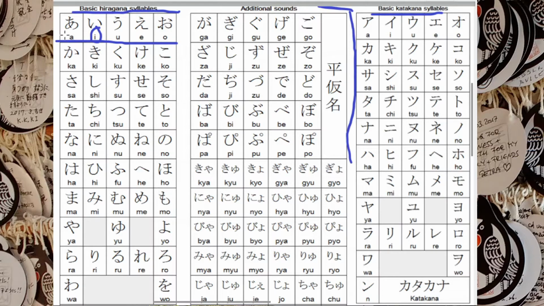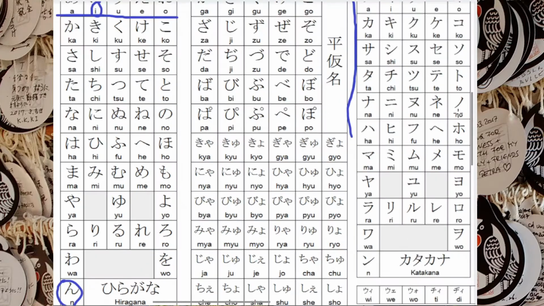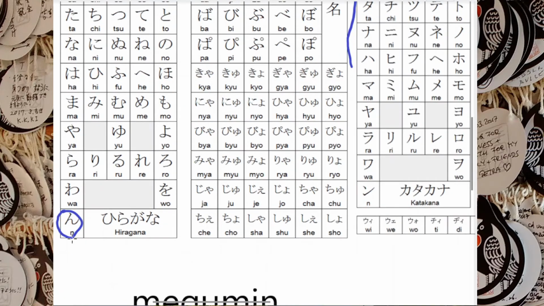So, saying it again, A, I, U, E. Sorry, I did get it right. Brain fart. So, A, I, U, E, O. The only other Japanese letter that is represented by one Romanji, or Roman letter, is N, just at the end.